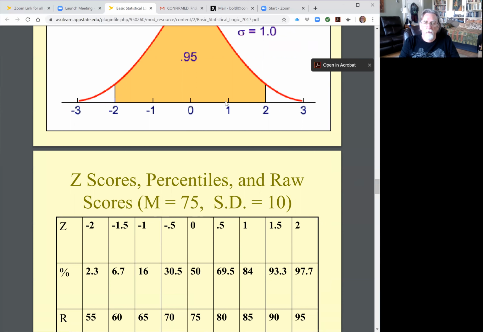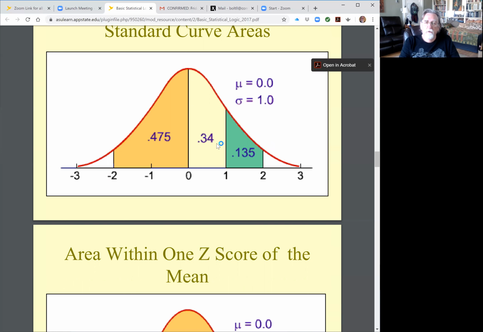If you go down 1 unit from the 50th percentile minus 34%, this would be the 16th percentile. And if you go down another unit, 16th minus 13.5, this would be the 2.5 percentile. So you have the 2.5 percentile all the way up to the 97.5 percentile, 95% of the area in this middle.